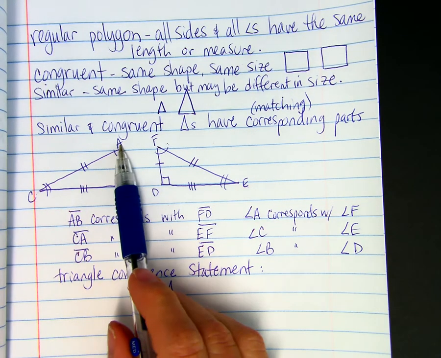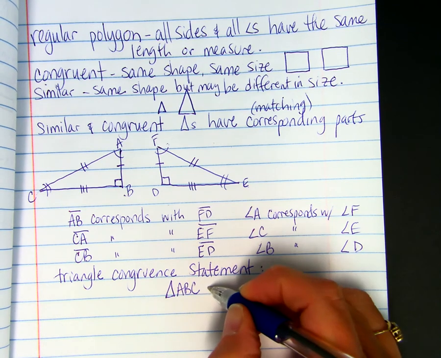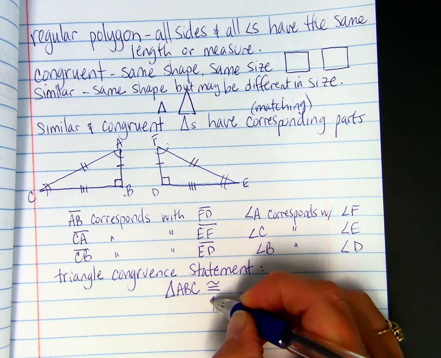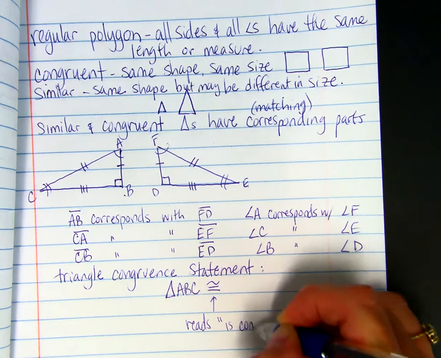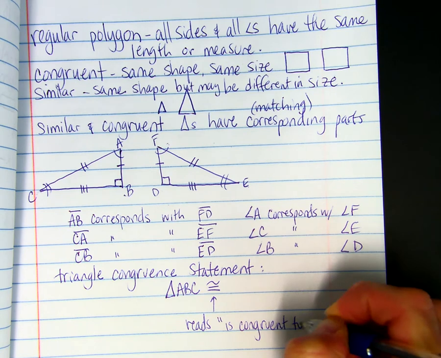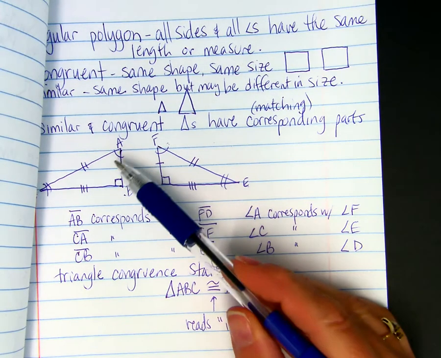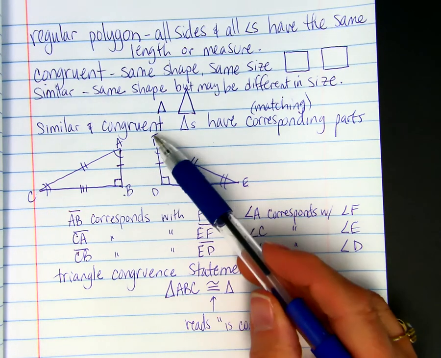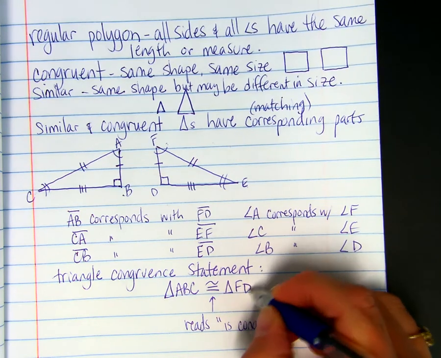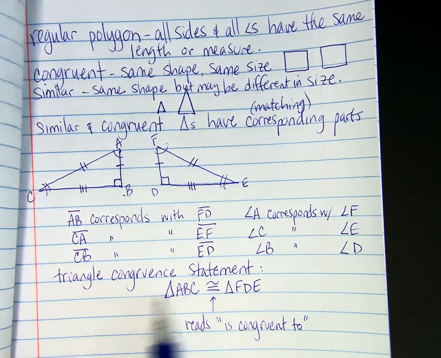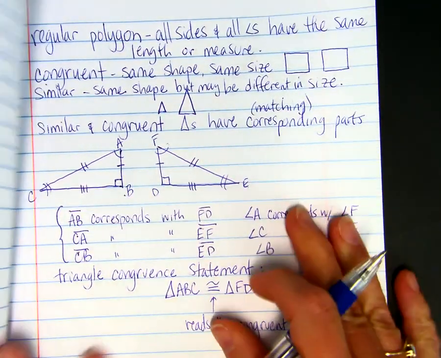We'll do A, B, C. And we write is congruent to, so this reads triangle ABC is congruent to triangle. Now order matters. So I started up here, I went to the right angle and out. So I'm going to do F, D, E. F, D, E.